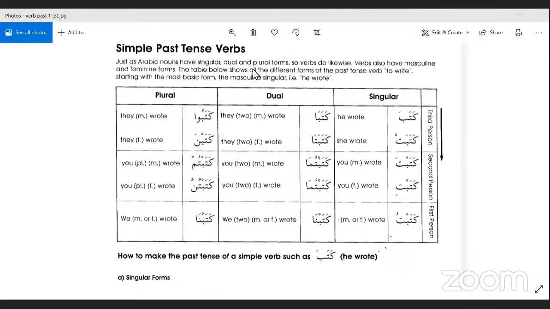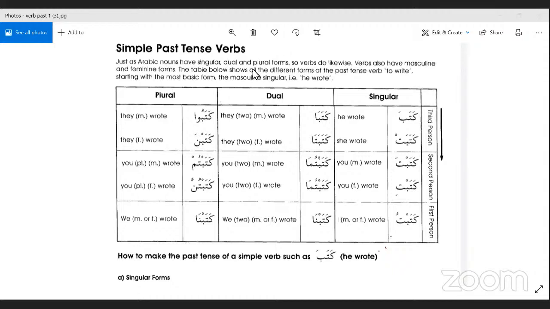Correct. Okay. Then singular female would be darabti. You two female hit would be darabtuma. And you plural female would be darabtunna. Correct.